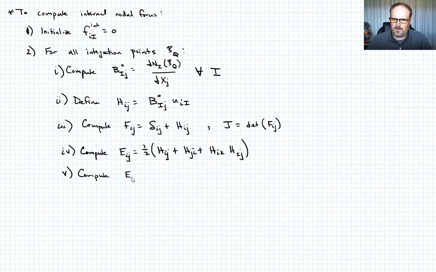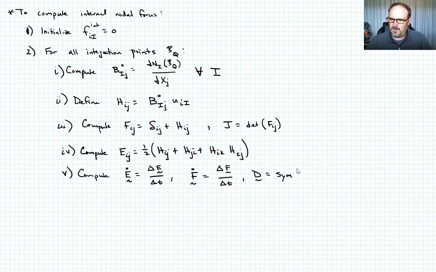We could compute the strain rate if we wanted. We would compute that as delta E, which we just computed, and hopefully we have the previous E, over delta T. We could compute F dot, the deformation gradient rate, which would just be delta F divided by delta T. And if we needed to, we could compute our rate of deformation D, which we said before was just the symmetric part of F dot times F inverse.